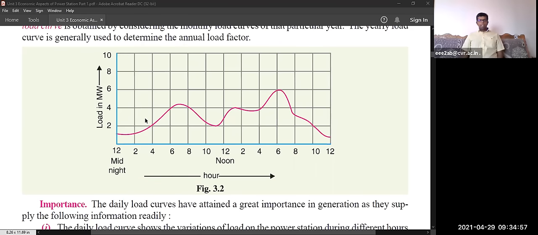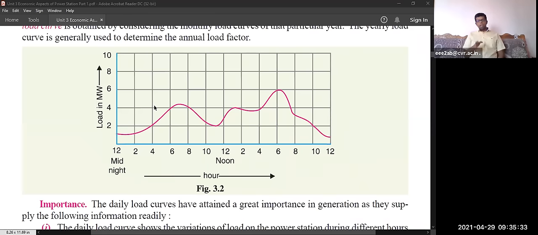There will be one button. You press that button and you'll get the power factor, the energy in kilowatt hours, then the current, the voltage, everything you can get if you press that button. Hourly once, you need to note down the load. Start after this class, from 12 noon, or from 12 noon the next day.